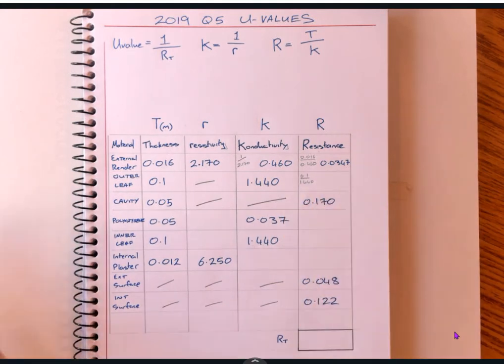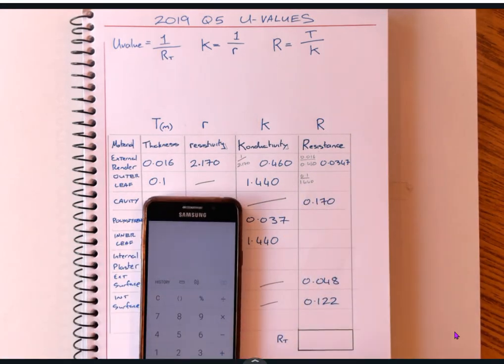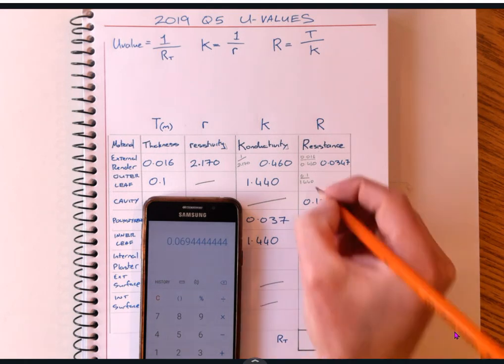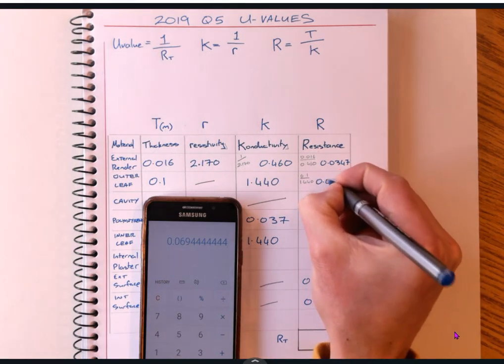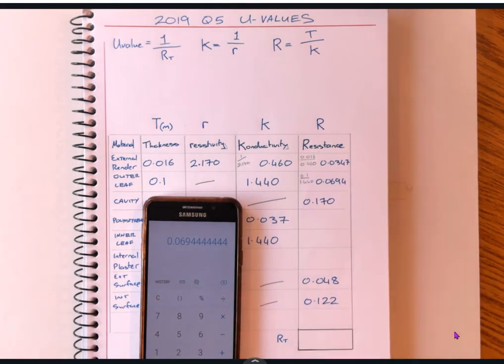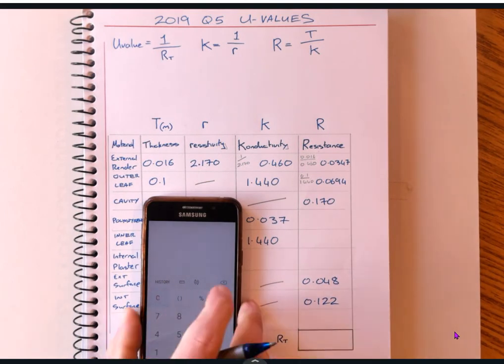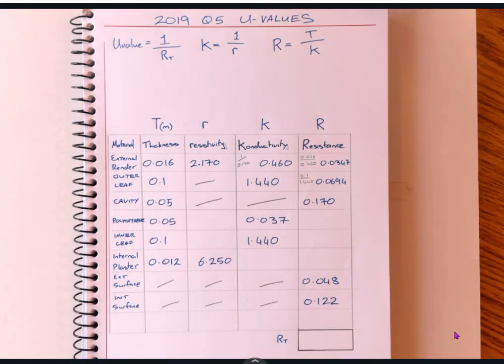Again, do it on the calculator. 0.1 divided by 1.440 equals 0.069. That is my second resistance put in, and I'm working my way down the table.